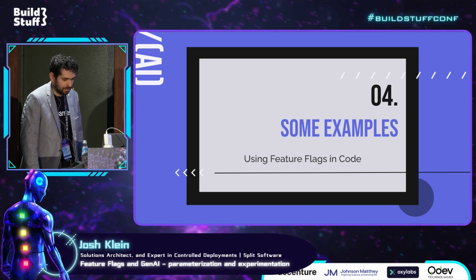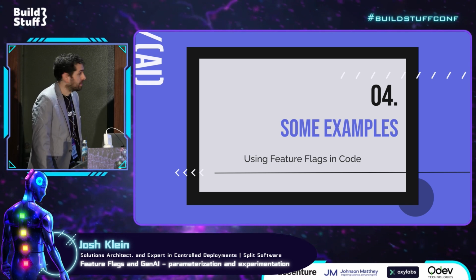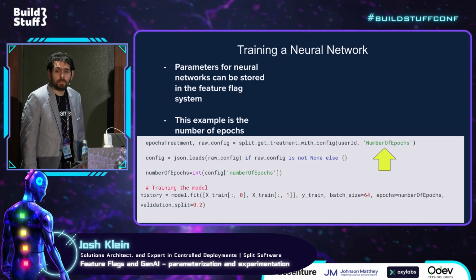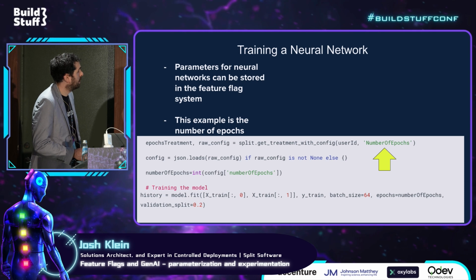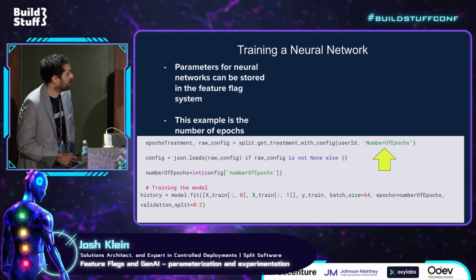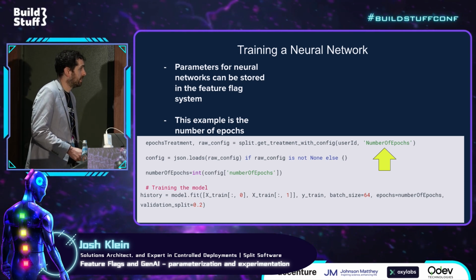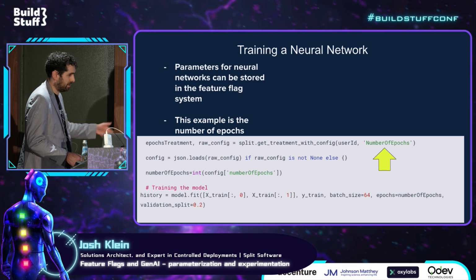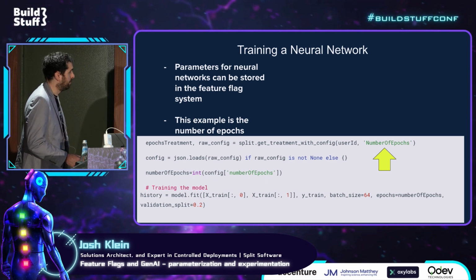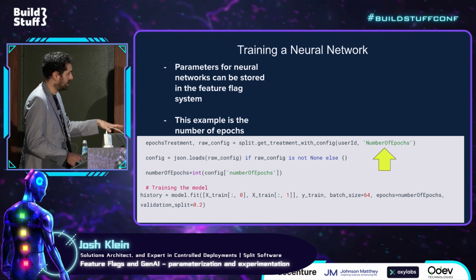All right, so now we can look at some examples. Training parameters for a neural network can be stored in the feature flag system as well. Here's the number of epochs, the number of times you're iterating through. Again, this is Python.